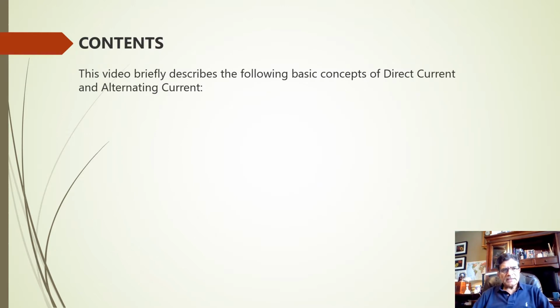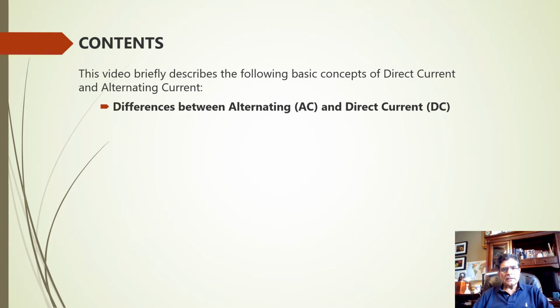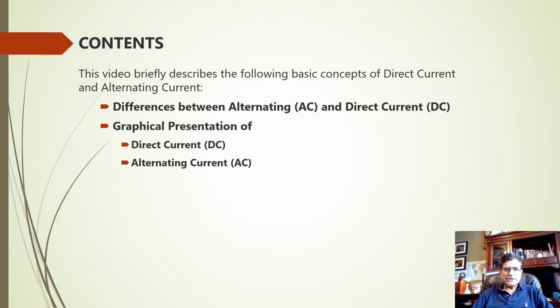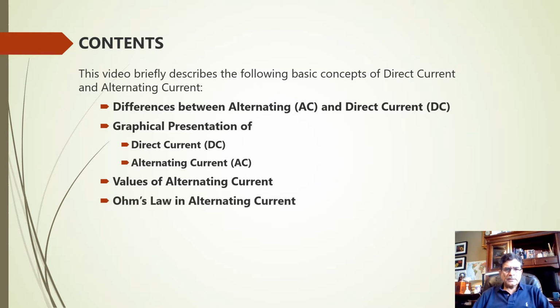So the topics that will be discussed today are a brief review of the differences between alternating current (AC) and direct current (DC), and how each of them, the DC and the alternating currents, are presented, and different values of AC, and we'll see whether Ohm's law is also applicable in AC.